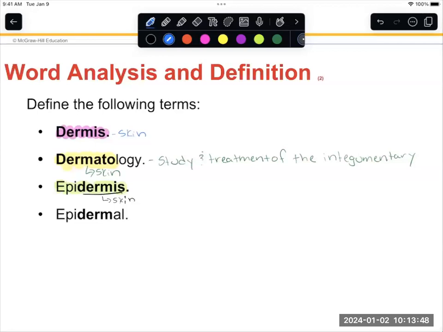Then that epi meant above. So above the dermis. This is that outermost layer. This is the layer of skin we can see. And epidermal means pertaining to the epidermis.